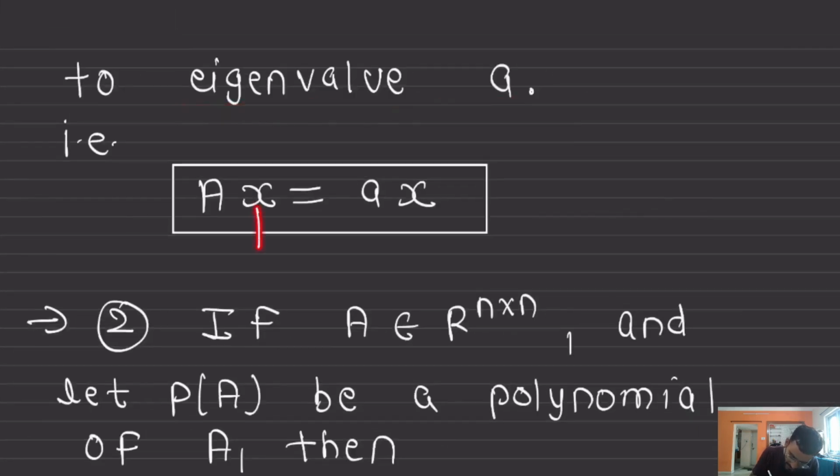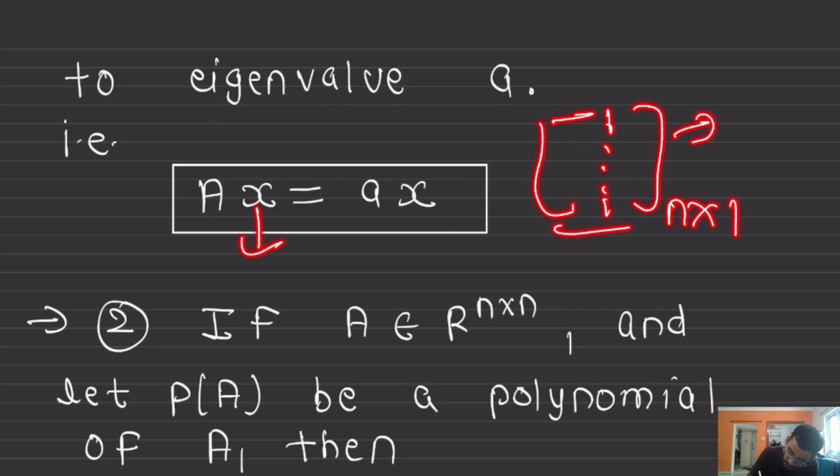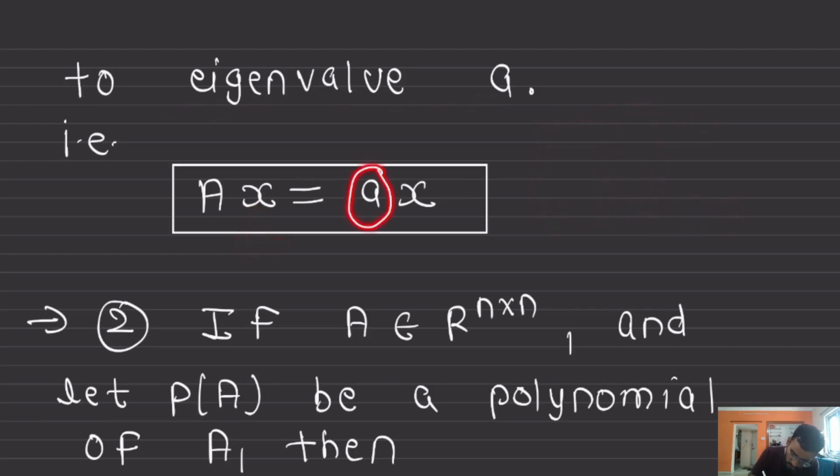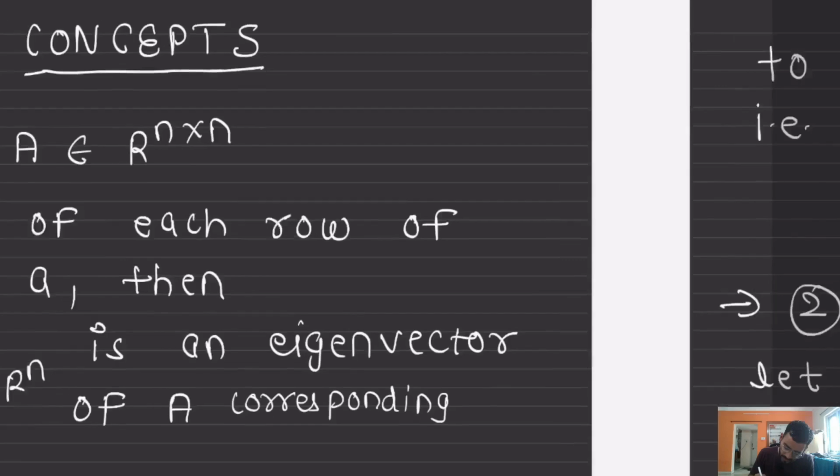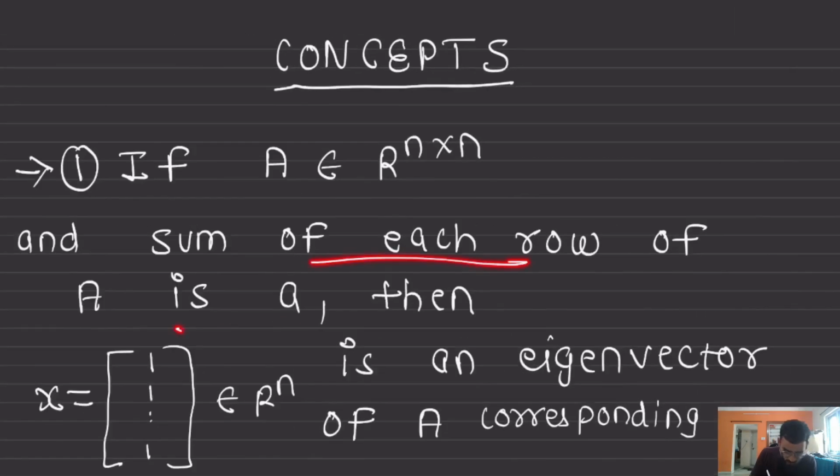And small a is the sum of each row of A.